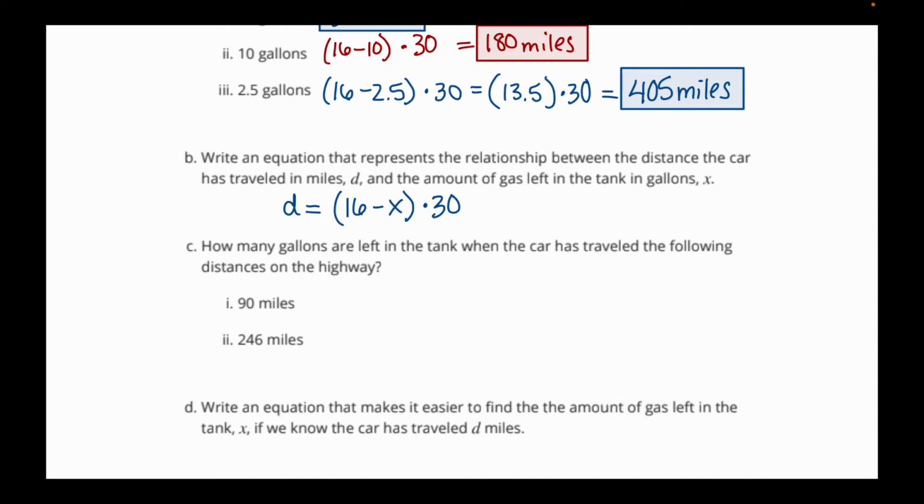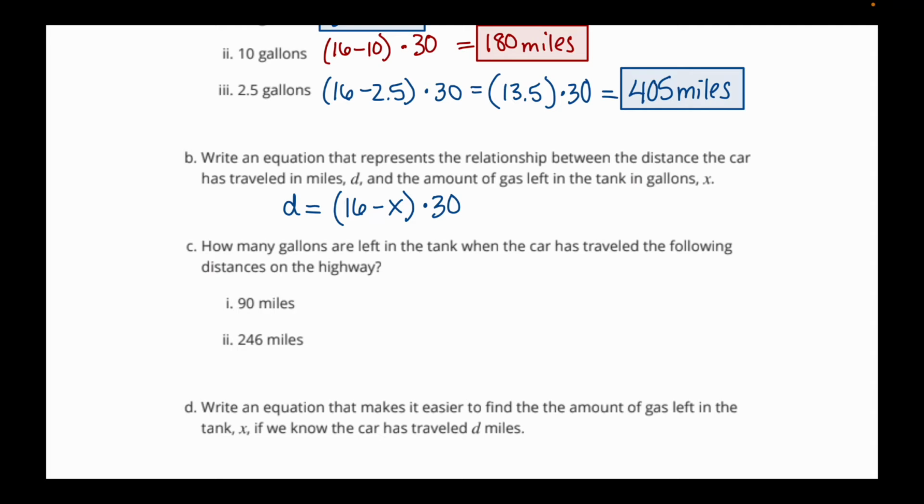Now, you could write this a couple different ways, but I would say that this is probably the way that makes the most sense. You could distribute the 30 if you really wanted to, but then we lose things a little bit, and it's easier to see in this case where the 16 and the 30 come from.